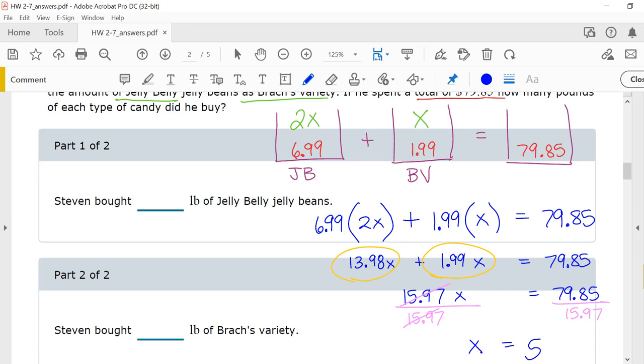Now, what was x? X was the number of pounds of the Brock's variety. So Brock's variety, he bought 5 pounds. For the Jelly Belly, he bought twice as much as he bought of the Brock's. So 2 times 5 would give me 10 pounds of Jelly Belly jelly beans.